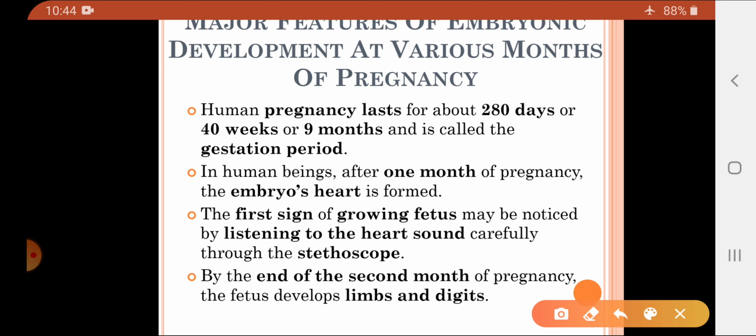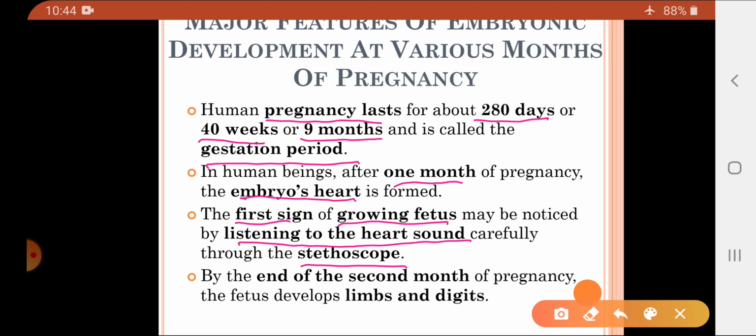Now, we know that human pregnancy lasts for about 280 days, or you can say 40 weeks or 9 months, and this period is called the gestation period. In human beings, after 1 month of the pregnancy, the embryo's heart will be formed, and the first sign of the growing fetus may be noticed by listening to the heart sound carefully using the stethoscope.